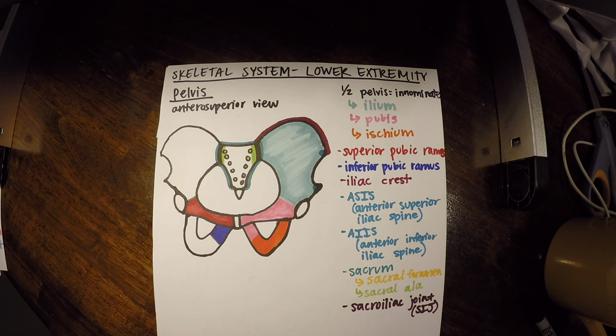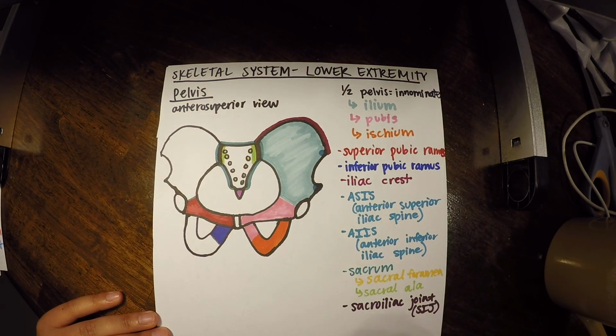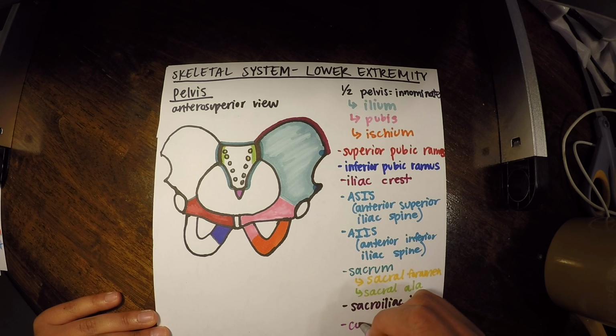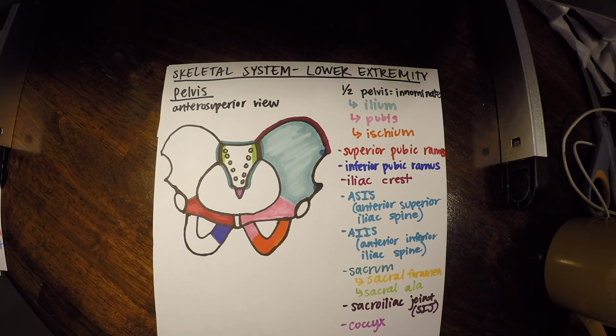Alrighty, now I want to also label this little structure down here at the bottom. At the bottom, we have our coccyx, which is also known as our tailbone. Then we have something else that I want to label that's kind of poking out from behind that I forgot to draw.